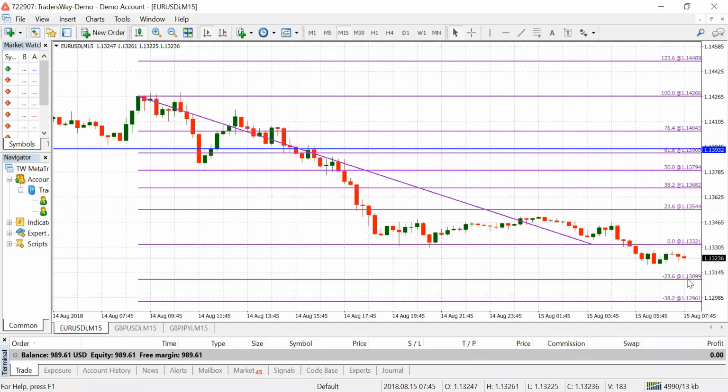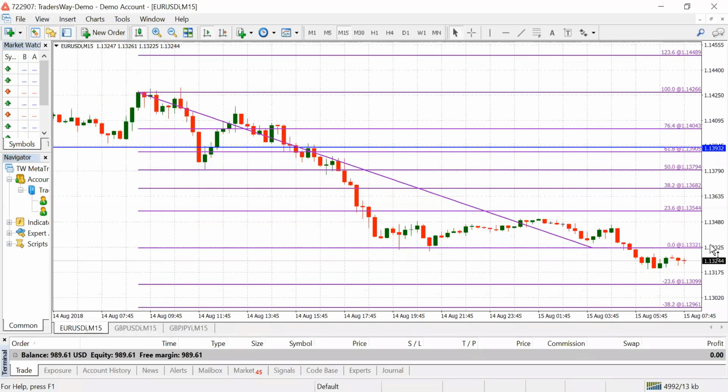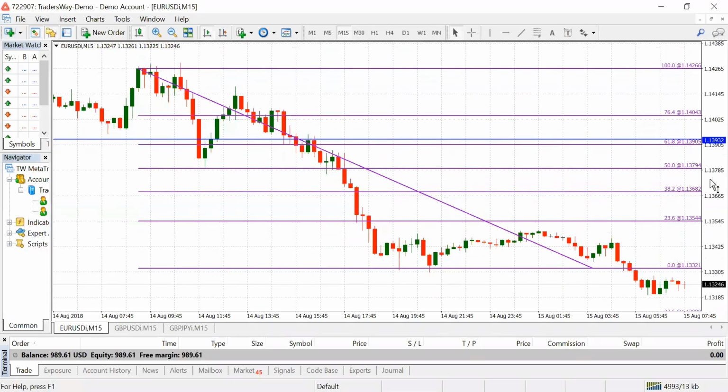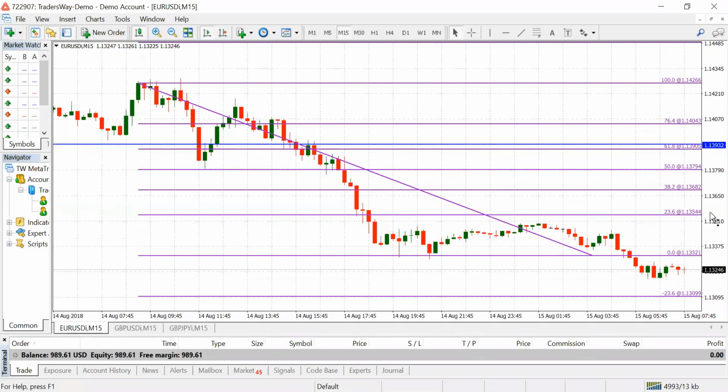What I also want to bring up in regards to plotting support and resistance lines and Fibonacci is that when I do the 15-minute chart, I can also look for gaps in between the fib lines to insert SR lines that would help with my trading, seeing if there are invisible lines of support and resistance that would serve as indicators to enter or exit trades.